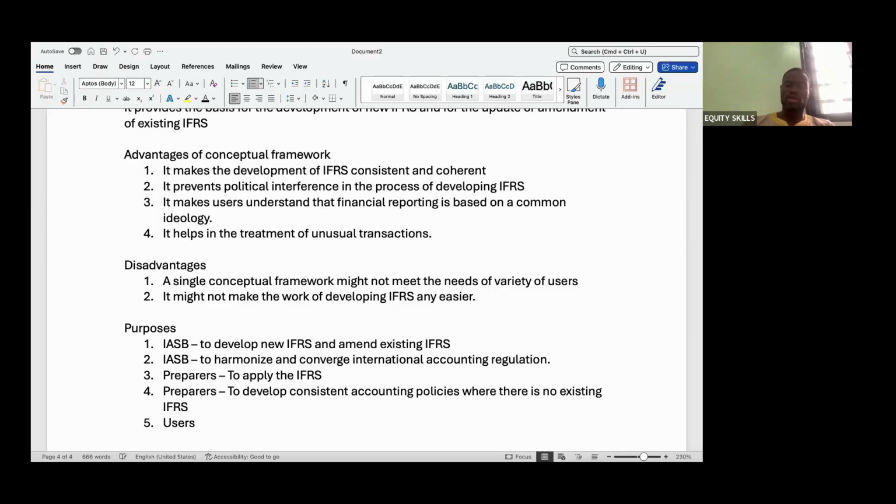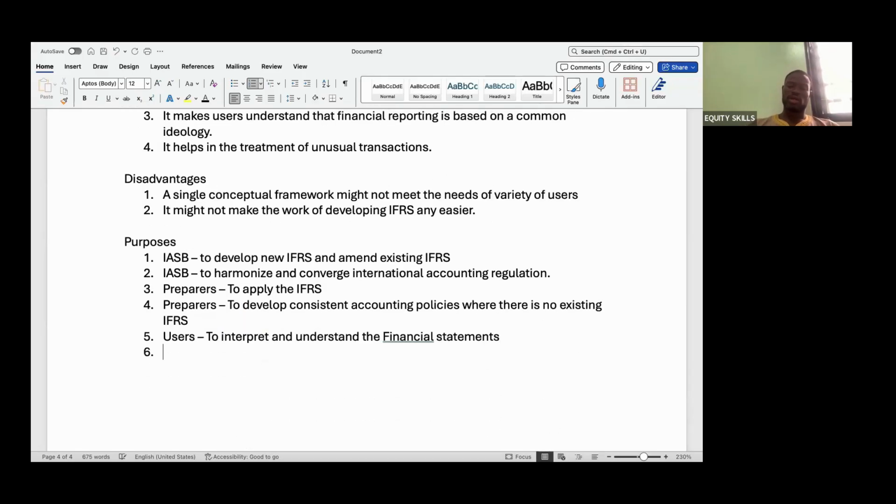Also, it can help users to interpret and understand the financial statements. Also, it can help auditors to form opinion on the financial statements.